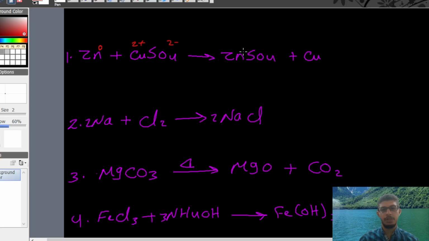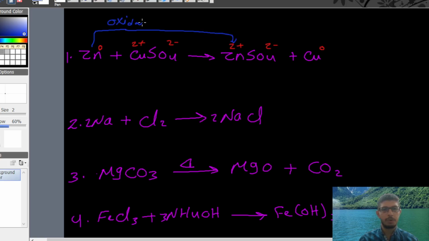So, zinc here, the zinc combines with the sulfate. The sulfate group is 2 negative, then the zinc should be 2 positive, and the copper here should be 0. So what happened here? As we can see, zinc becomes zinc 2 plus.